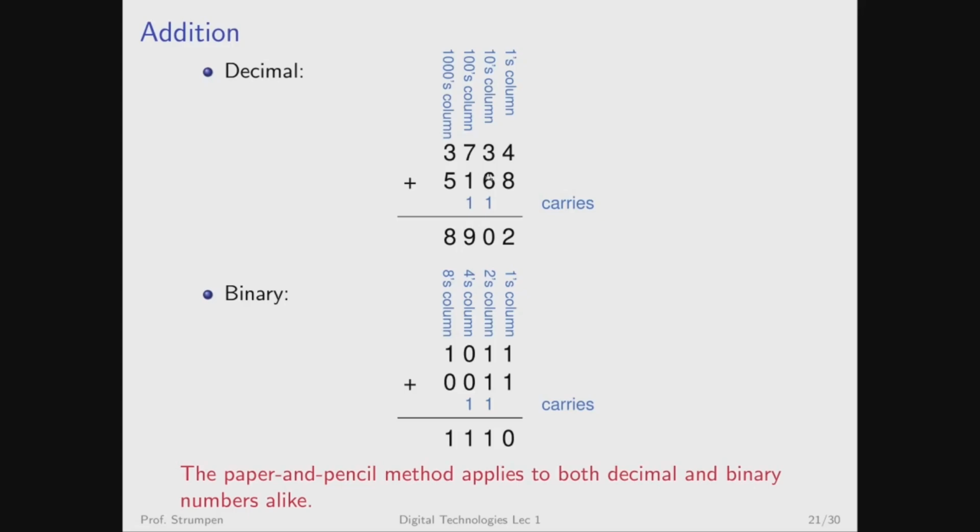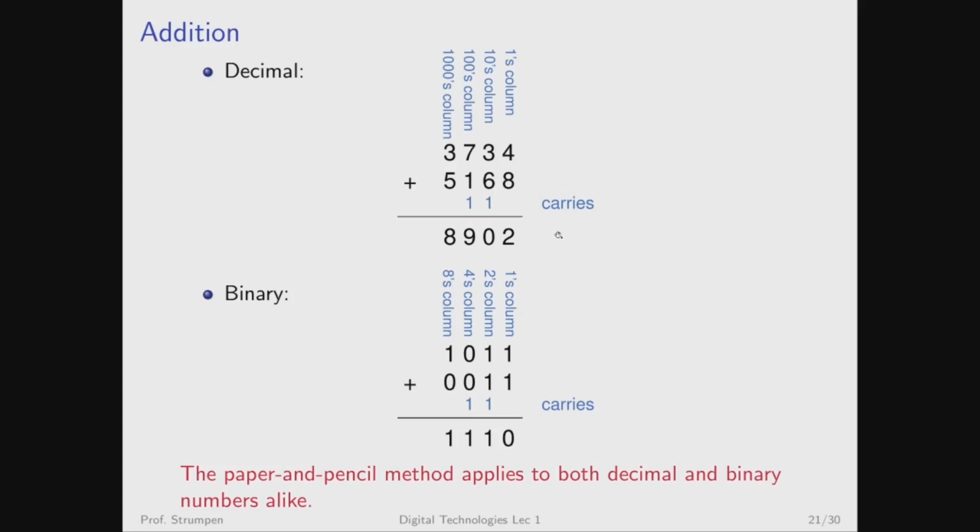We add the numbers in the tens column, including the carry. 3 plus 6 plus 1 is 10, which is 0 in the tens column and 1 in the 100s column, 1 carry. Right? 7 plus 1 plus 1 is 9. There's no carry, that's just a single digit, and 3 plus 5 is 8. So the sum of our numbers is 8,902.